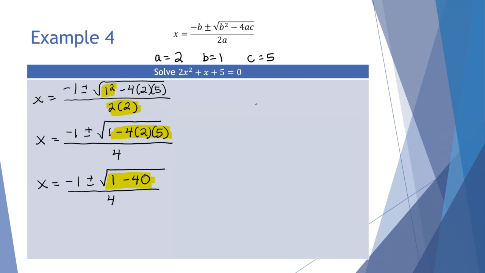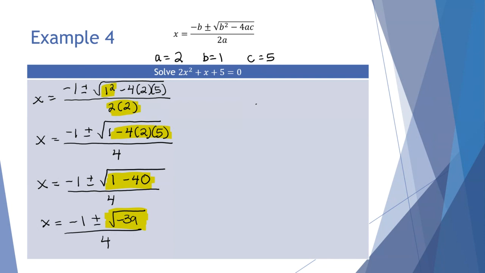Now 1 minus 40. So I have x equals -1 plus or minus, and inside the square root I get -39 over 4. If you put -39 on your calculator, it's just going to say error. It's not going to give you an answer.